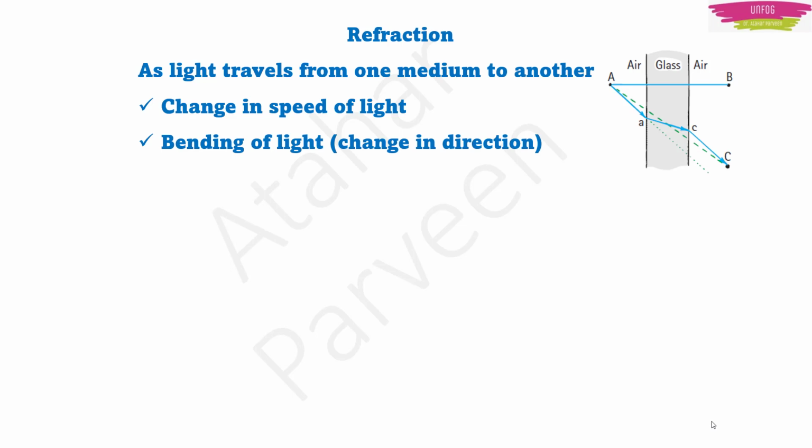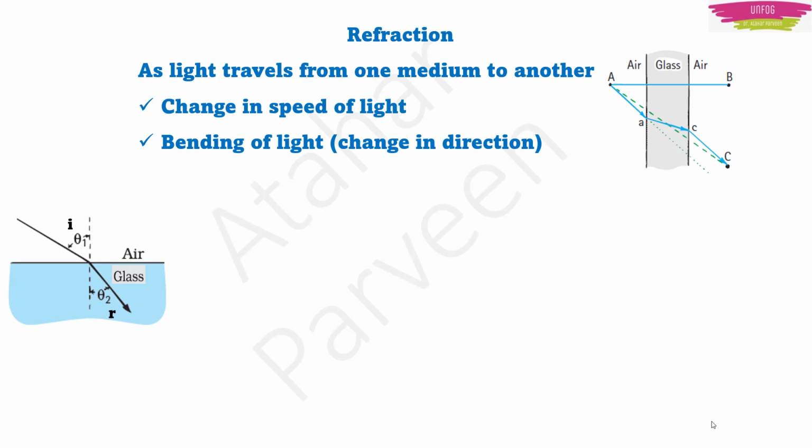So the speed of the light will decrease here, and the light also bends towards the normal while entering the denser medium. For example, look at this picture. If I draw a normal, then as light touches the surface of the glass, it is bending towards the normal.